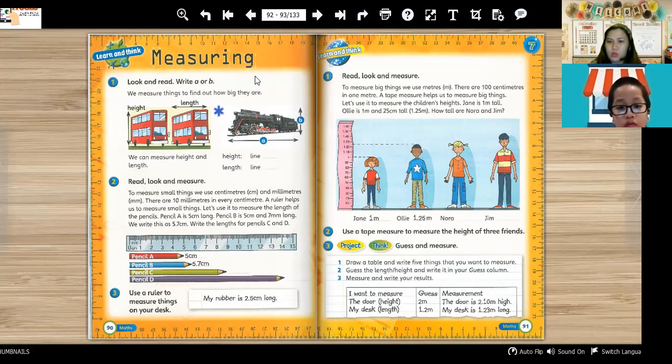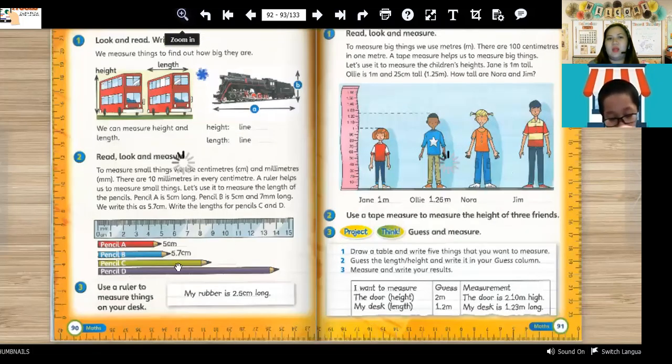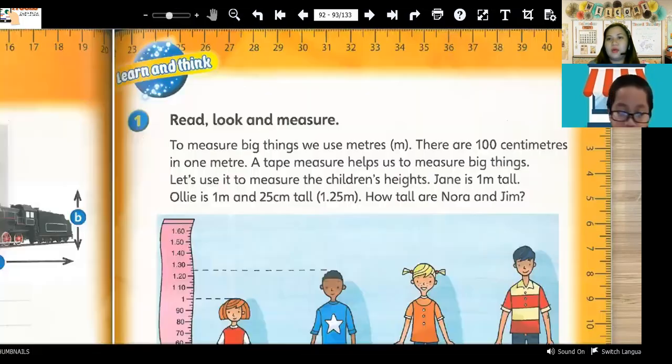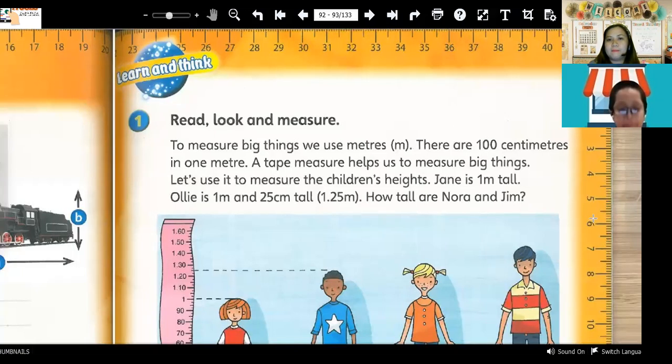When we measure really long or tall things, or big things? No. Okay, so let's try to see. What are we going to use when we measure big things? Okay, look at this one. Can you please read this one, B2?